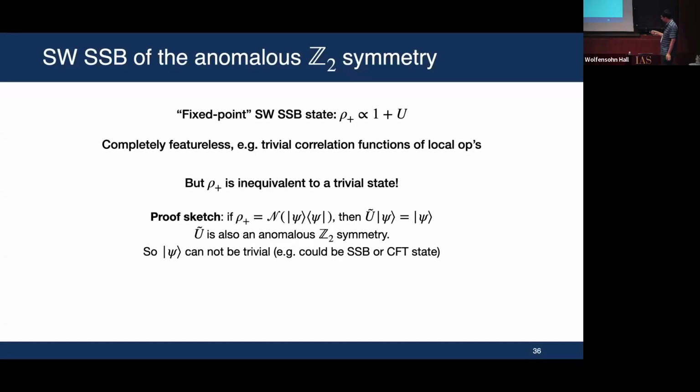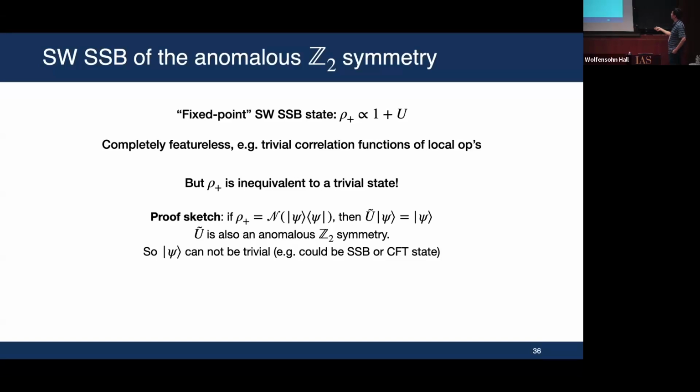So that would mean that we can define some symmetry U tilde, which is not exactly U, but has the same anomaly and everything. And the trivial product state has to be invariant under this U tilde. We know that's impossible. This anomaly means that you cannot have such a trivial state. Therefore, this quantum channel does not exist.